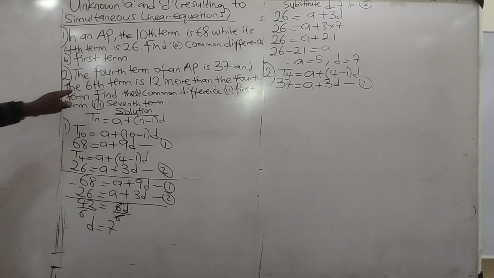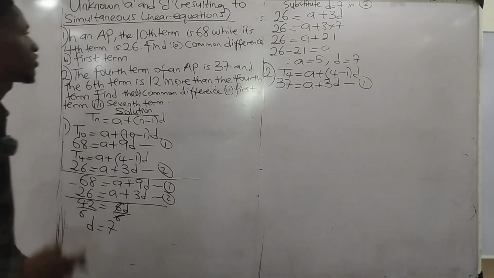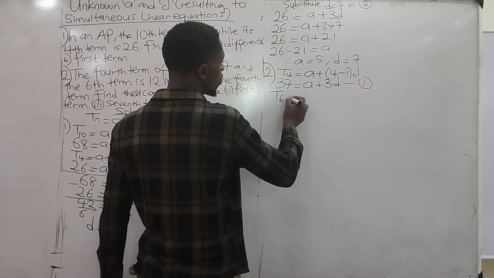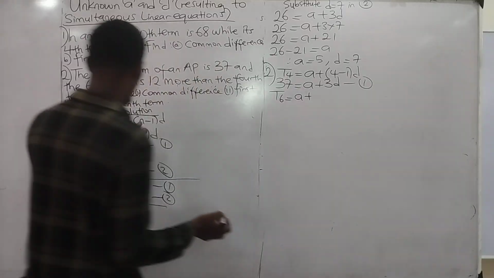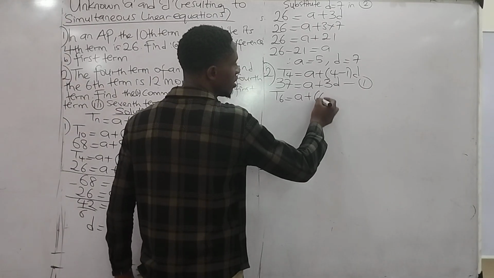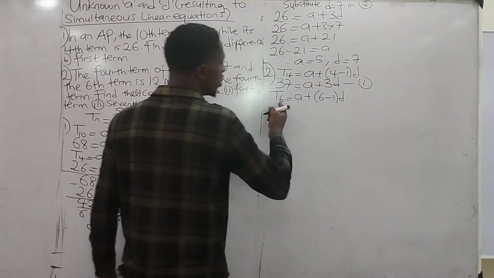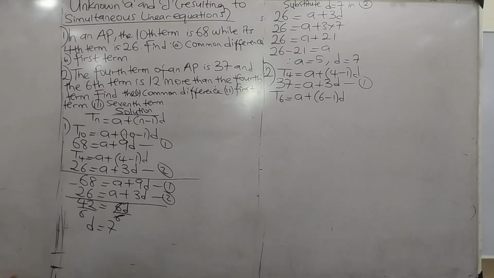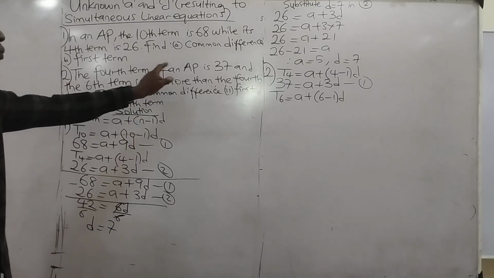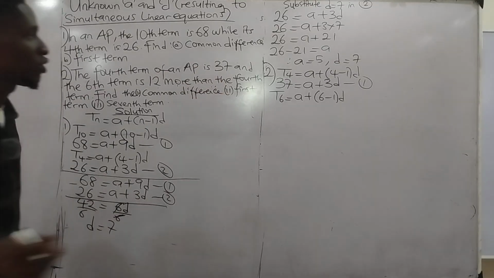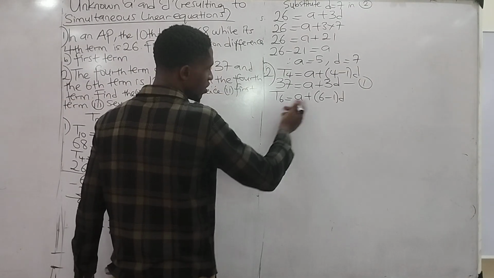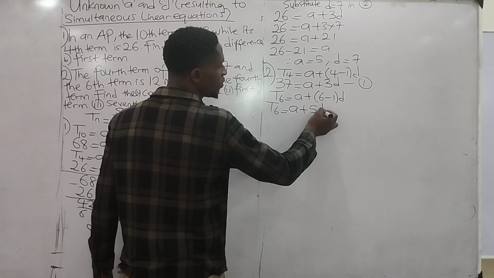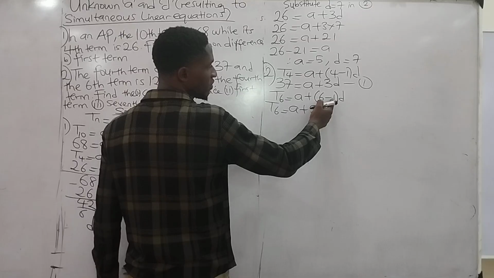Let's continue. The sixth term is 12 more than the fourth term. So the sixth term, T6, is equal to a plus bracket 6 minus 1 d, which is a plus 5d, because 6 minus 1 is 5 times d.